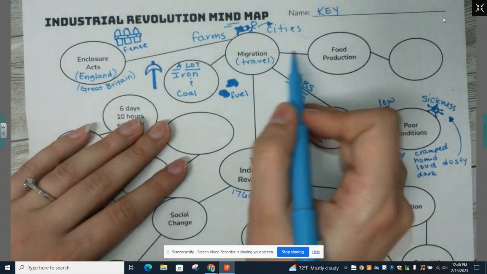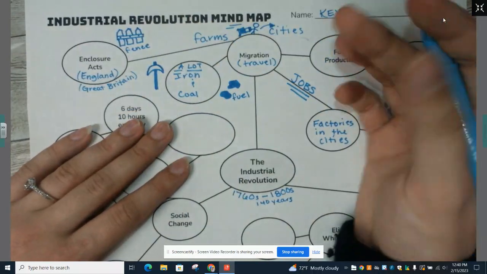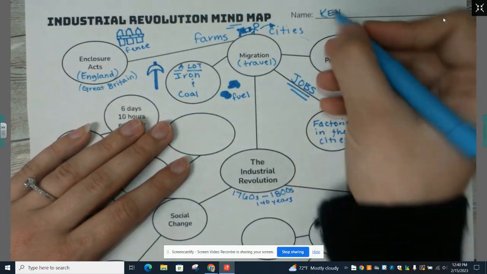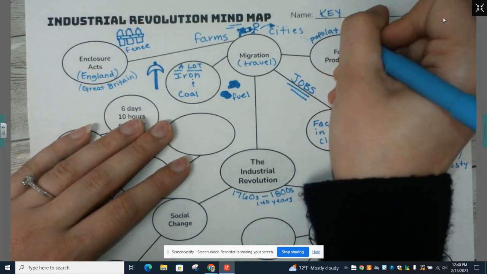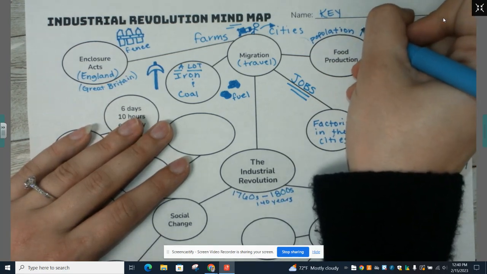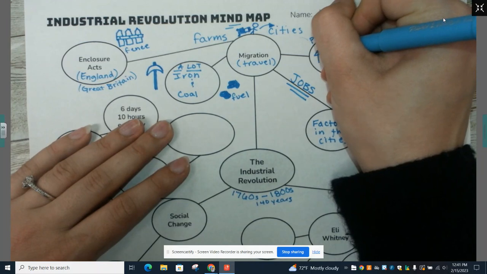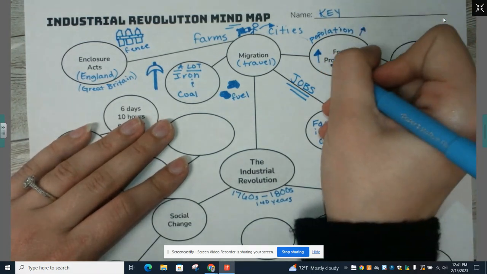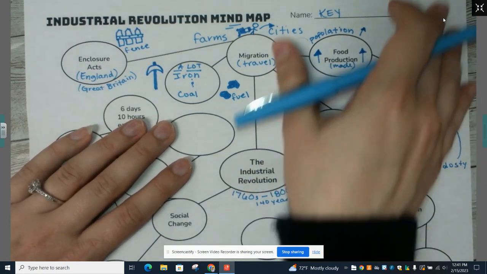Now, people were also migrating because the population was growing. They were running out of places to live, so they were going to cities. And the reason why the population was increasing, the population, T-I-O-N, the reason the population was increasing was because food production was increasing. Food was being made a lot faster, and there was a lot more food.